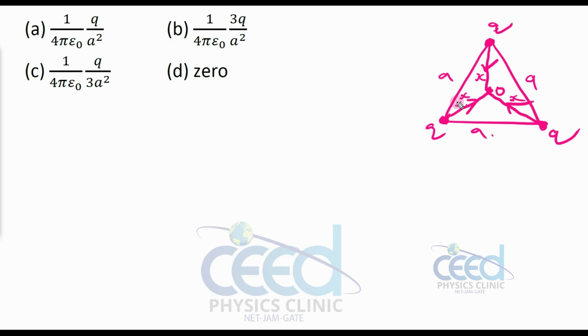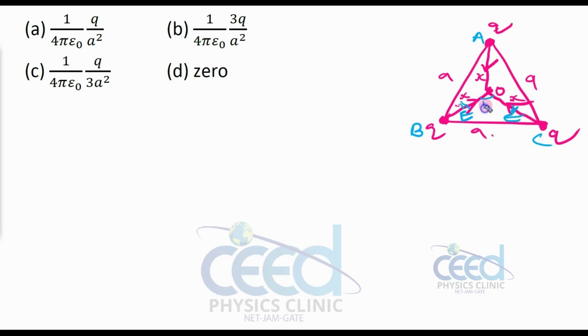Due to the charges at A, B and C, what is the electric field produced at O? Due to B and C, what is the resultant of these two fields?